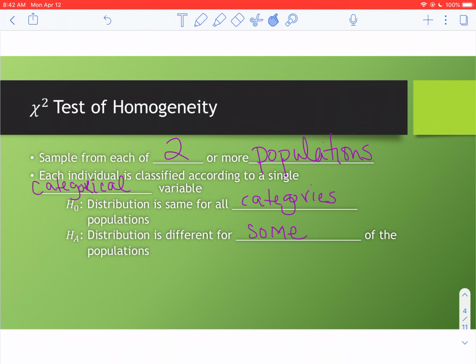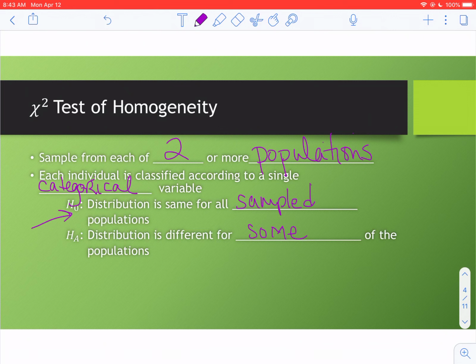Okay, so the chi-squared test of homogeneity is sampling from each of two or more populations, and each individual is classified according to a single categorical variable. And basically, I'm going to look at the distributions to see if the population distributions are the same for all my sampled populations, or my HA is the distribution is different for some of the populations.